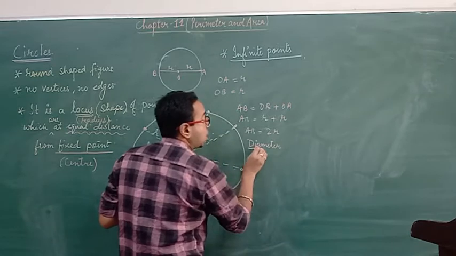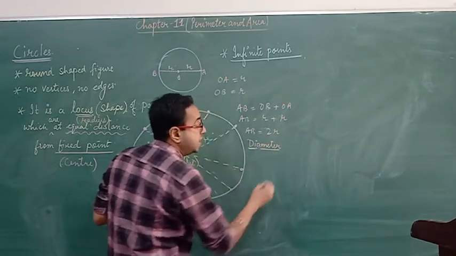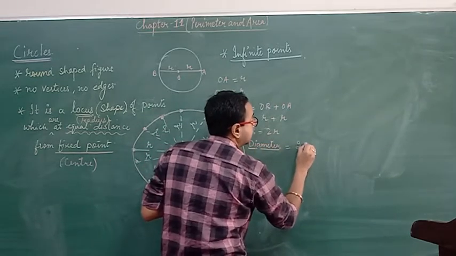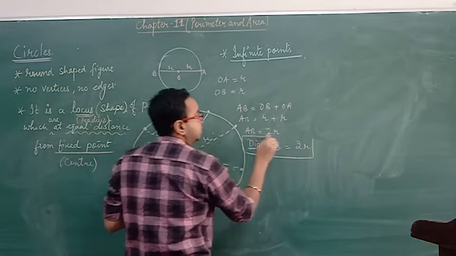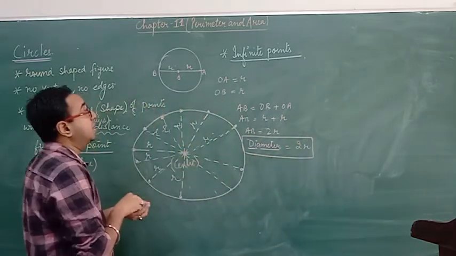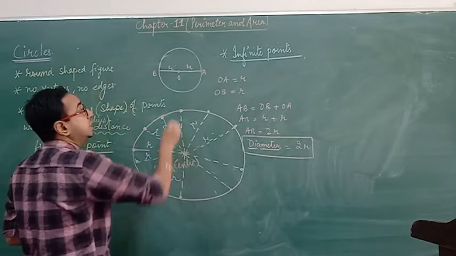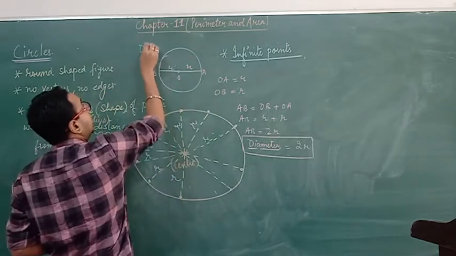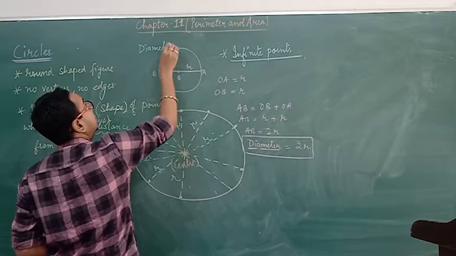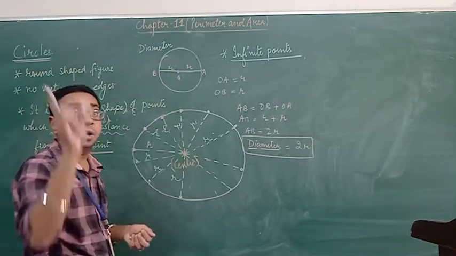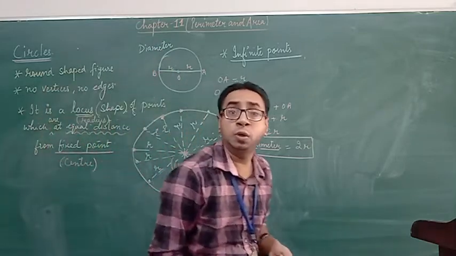Di means twice. Twice the meter, meaning the radius. That is why the diameter is always twice the radius. Are we clear? And hence this line segment passing through the center is always called the diameter. Diameter always passes through the center, do remember.